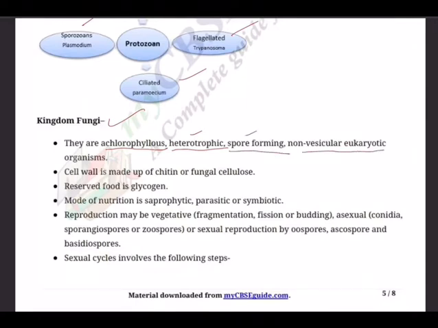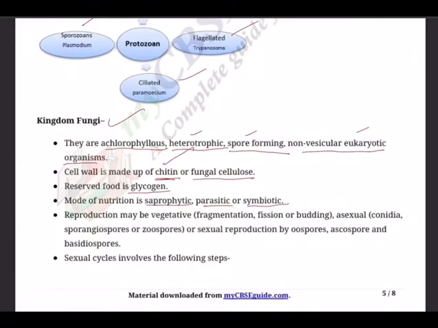Non-vascular eukaryotic organisms, meaning they have a clear nucleus. The cell wall is made up of, this is important, many times in your NEET as well as UPSC, chitin and fungal cellulose. Reserve food is glycogen. Mode of nutrition is saprophytic or parasitic or symbiotic.